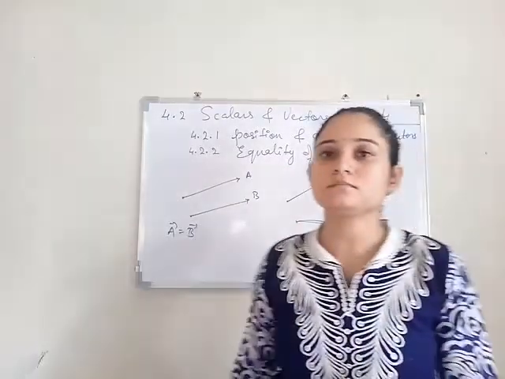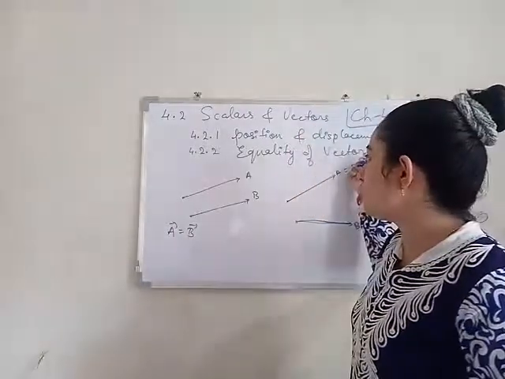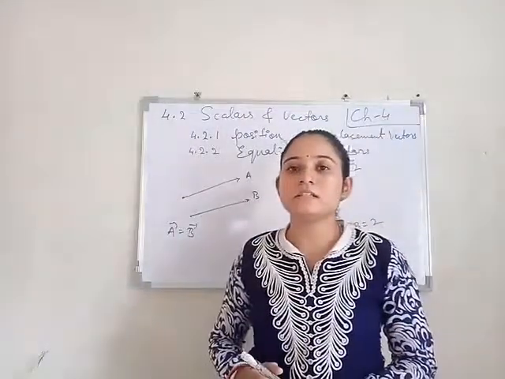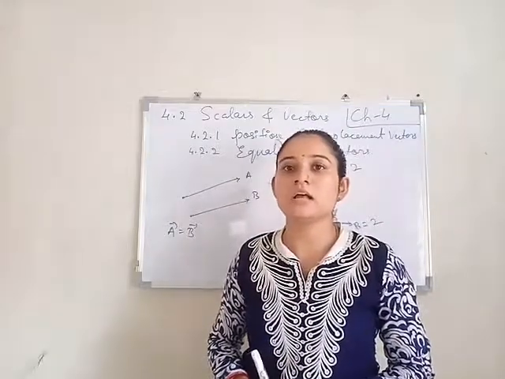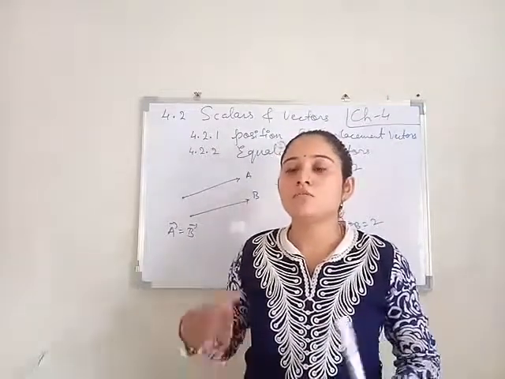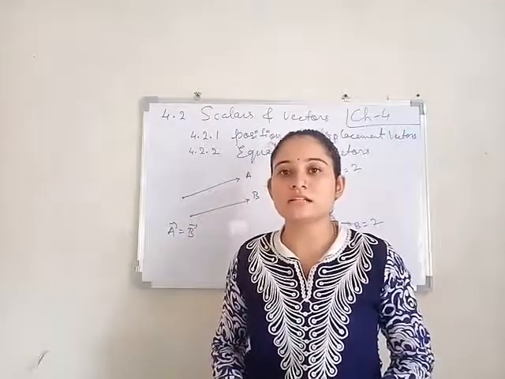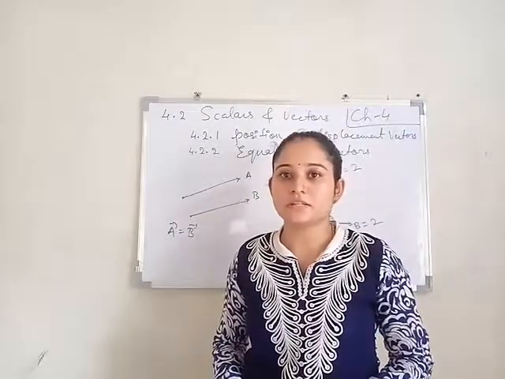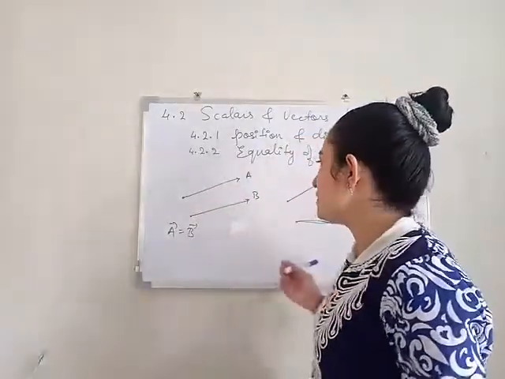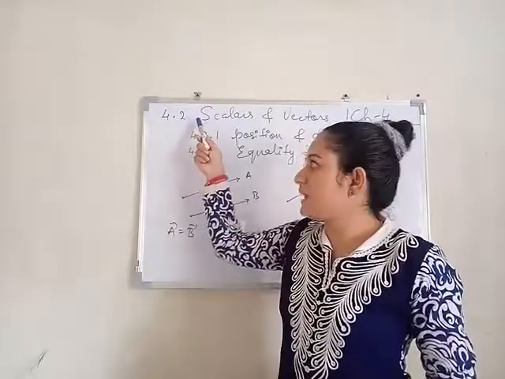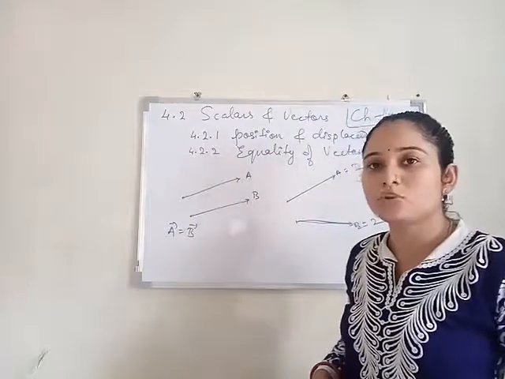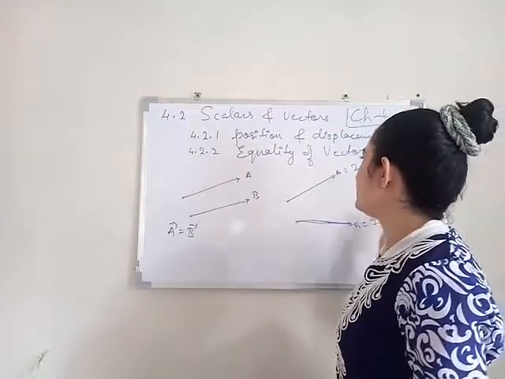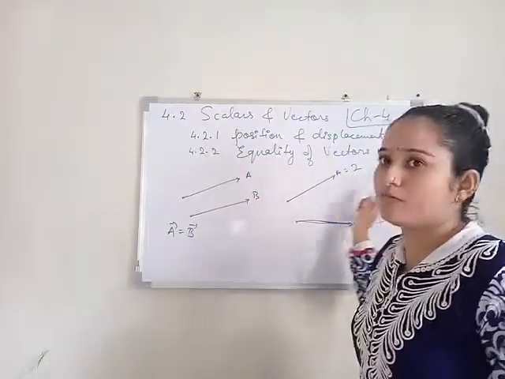Clear? In this chapter number 4, 4.1 is the introduction of the chapter, that is motion in a plane. So what all things we are going to discuss in this chapter are given there. So here after that 4.2, that is scalar and vector. In that there are two subtopics, that is position and displacement vector, equality of vector.